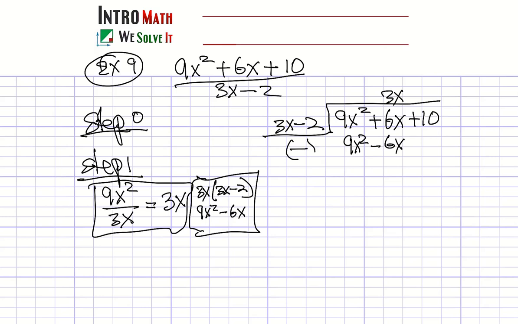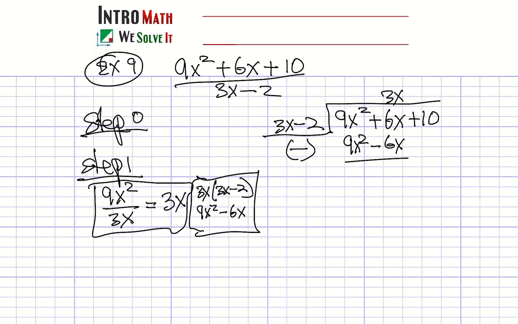And then we'll subtract. So let me make sure I didn't make any mistake. That's 9x squared negative 6x, yes? Okay, so now we'll subtract. What do we get? We get, first one cancels out.